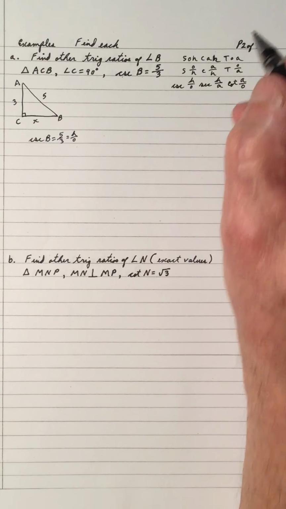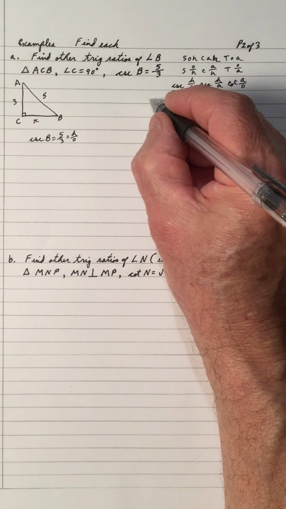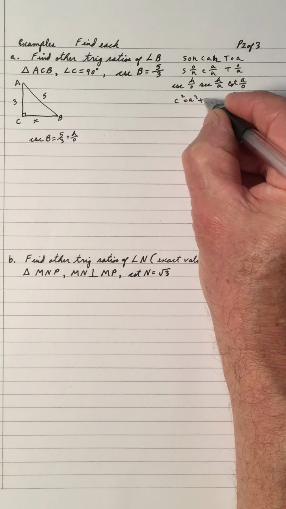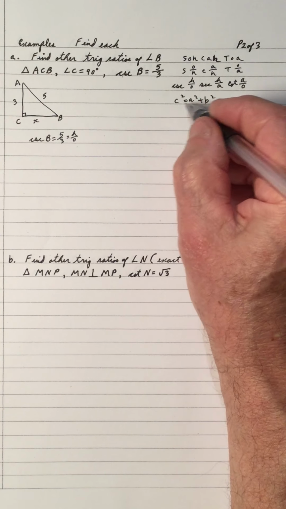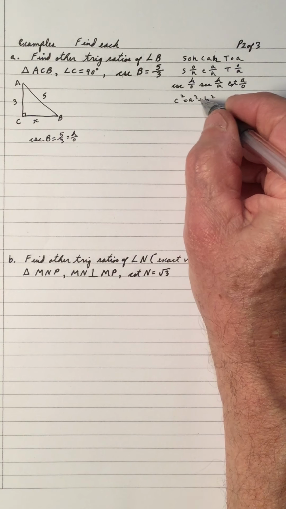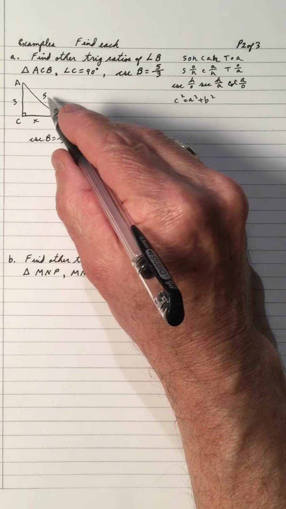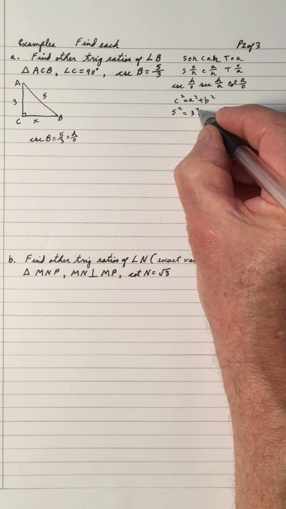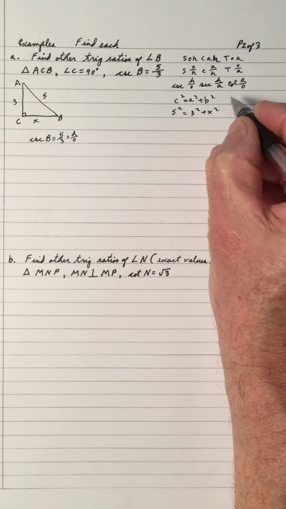To get the third side, let's do c squared equals a squared plus b squared. This is the Pythagorean property, and c is the hypotenuse, which is 5. a is 3, and b is x.